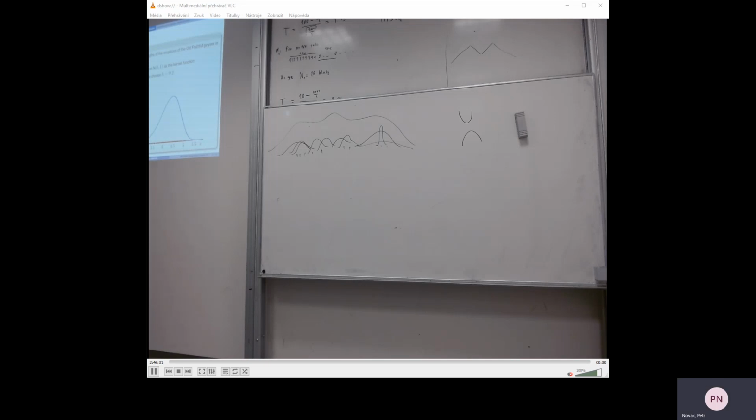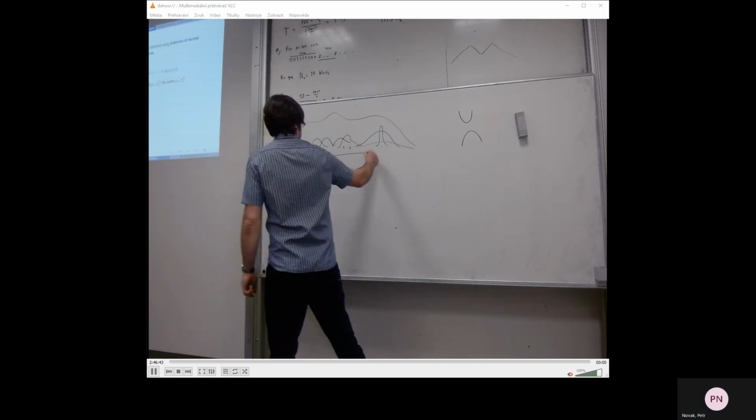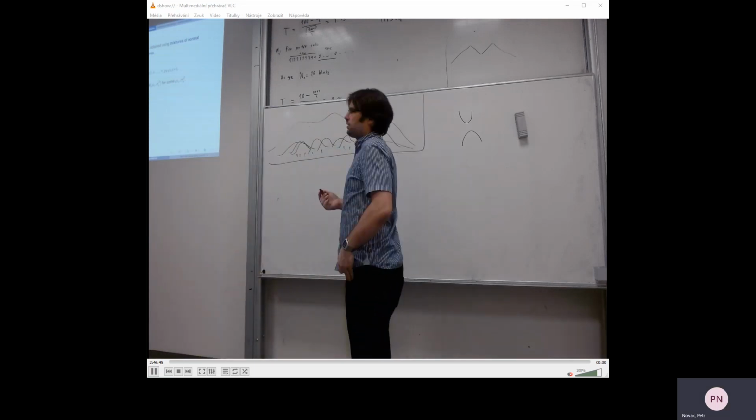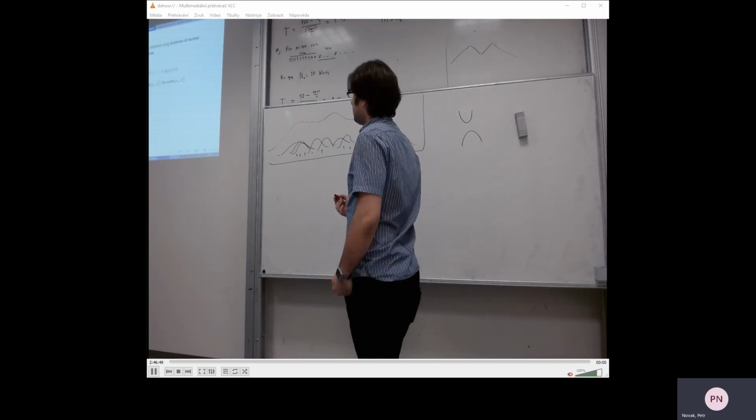And to conclude, at some points, it actually makes sense to work with Gaussian mixtures. It is the basis of some machine learning methods to think about data as a mixture of two or more Gaussian curves.